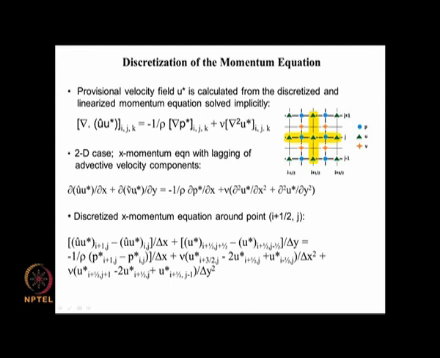The phi value is determined using the upwinding method. So, phi value at this particular point is always taken to be the upwind value. If V is positive, then the flow is going in this direction, so the upwind value is this. If V is negative, then it is taken to be this. Based on that, we fix the value of this, and the coefficient V here is taken to be the average of these two.